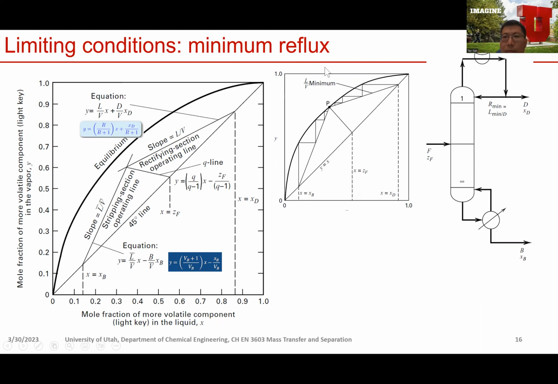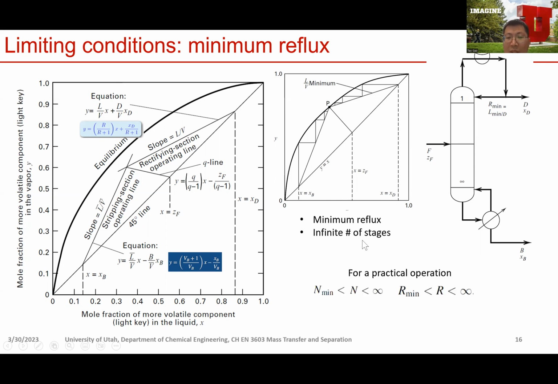Now we have analyzed a similar case previously. When you do the step off, if this P point overlaps with the equilibrium, just sits on the equilibrium curve, then it takes you an infinite number of stages to achieve this point P. So this case corresponds to minimum reflux, and you're going to need an infinite number of stages to achieve the desired separation outcome.